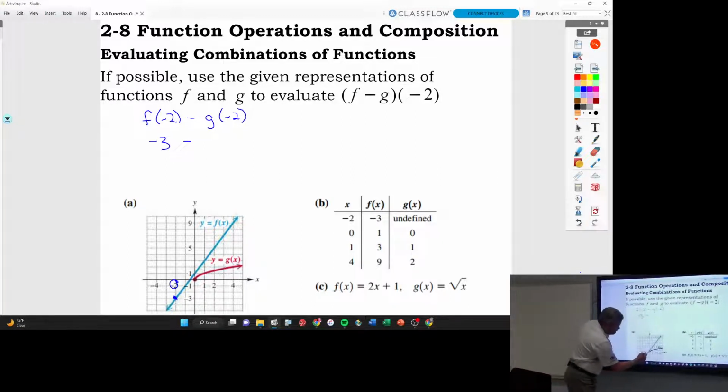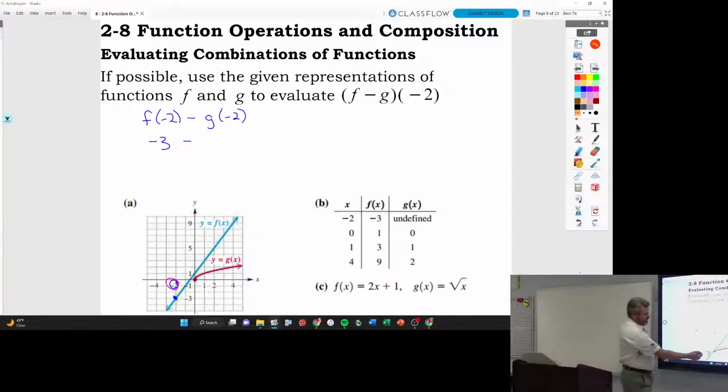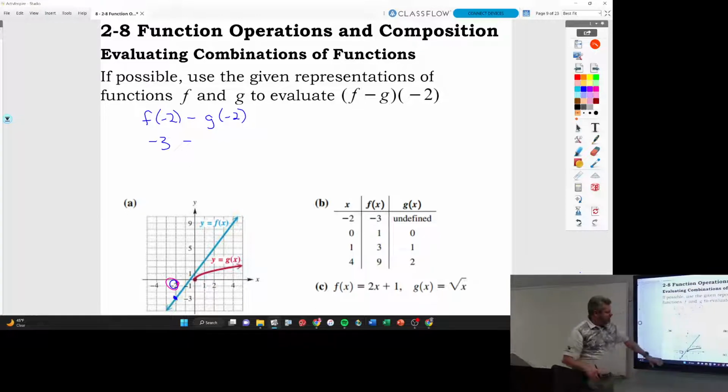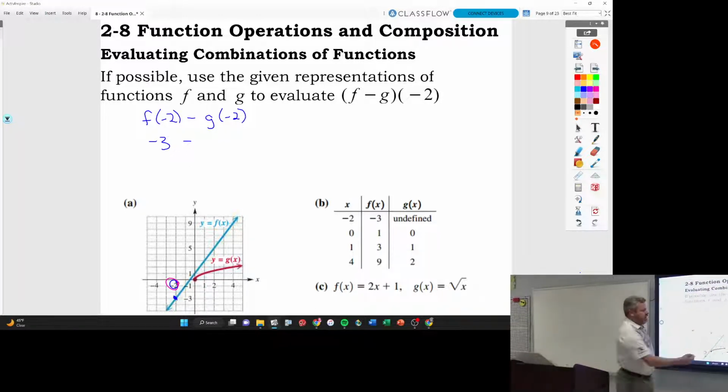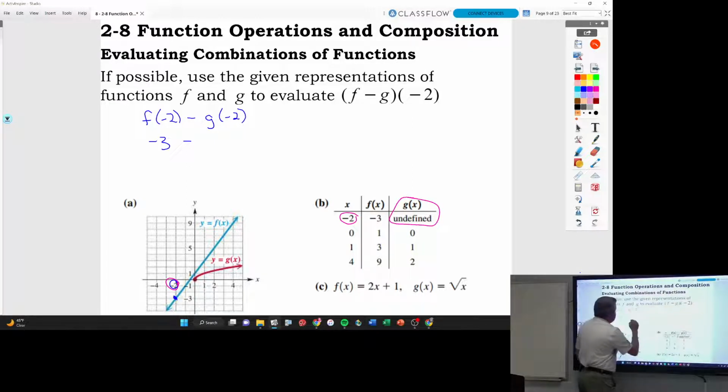Well, if I go to -2, the g function doesn't exist over here. The g function started at 0, 0 there. There is no value. As you can see right here, when x is -2, g of x is undefined.